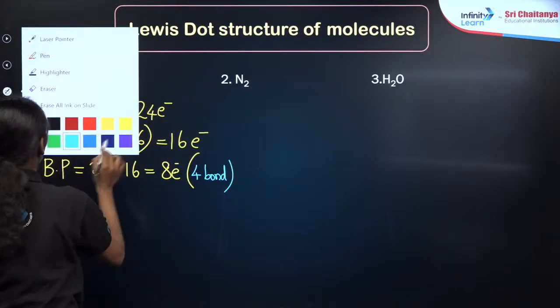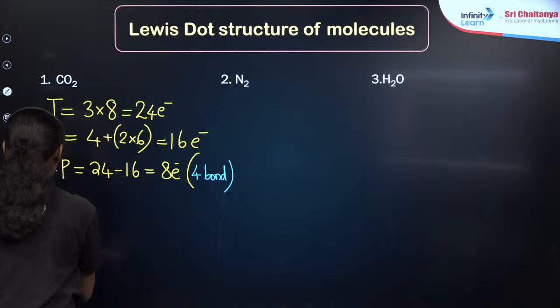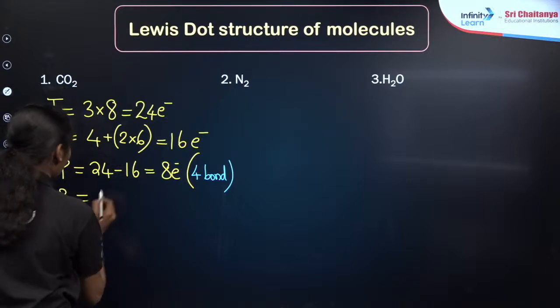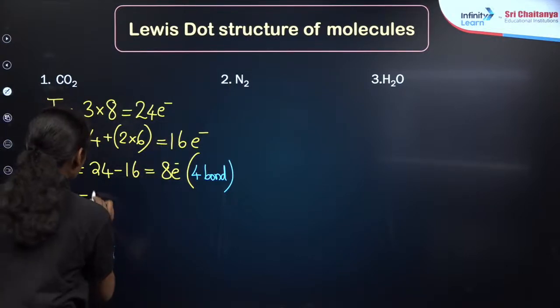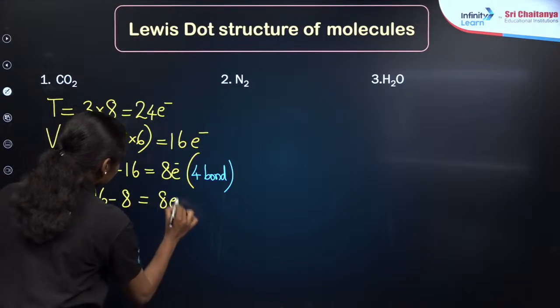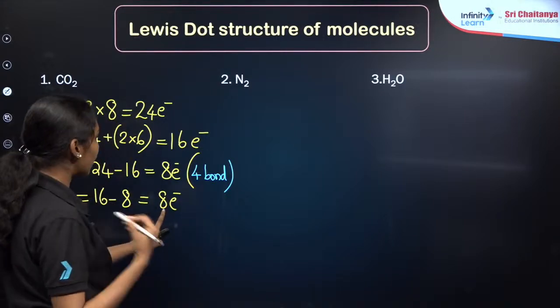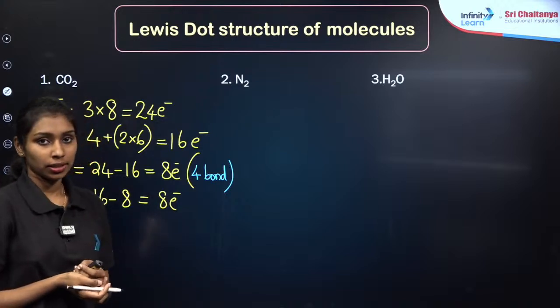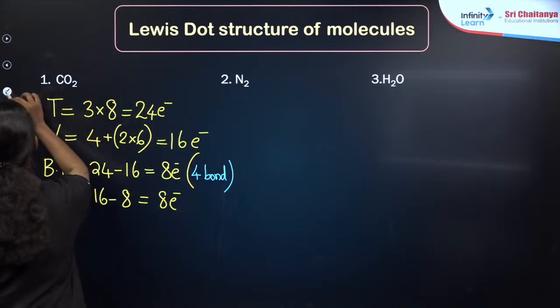Now you have to find out the lone pair of electrons, taking the difference between V and BP. You will get 16 minus 8 is equal to 8, which means that the particular structure contains 8 lone pair electrons and 4 bond pairs, right? Now I am drawing the structure here.